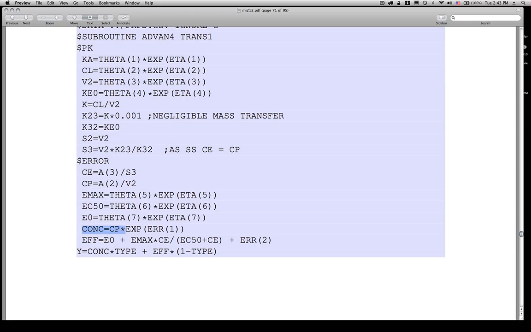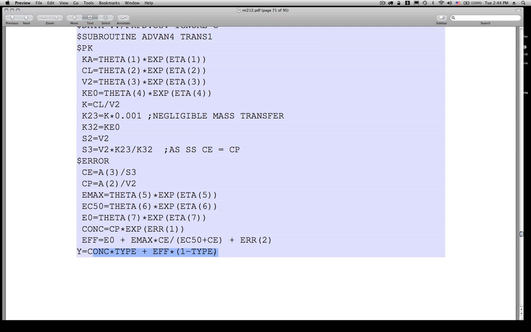So concentration is a function of CP, and effect is a function of CE. Recall two different residual errors, just like we had before, and the indicator variable to switch different types. So this is a pretty straightforward implementation of an effect compartment model. We benefit from the analytical solutions that are already present in ADVAN 4.